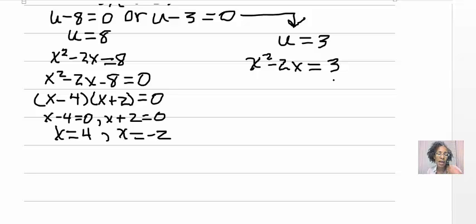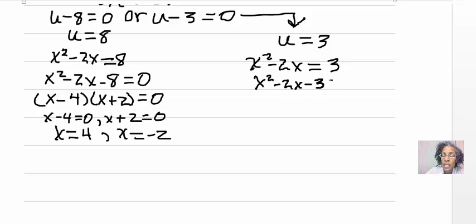So if my equation originally involved x, I want to make sure that at the end I'm saying what x equals, not what my new letter used for the substitution equals. So x squared minus 2x will equal 3 since u equals 3. Wherever we see a u, we replace that with x squared minus 2x.